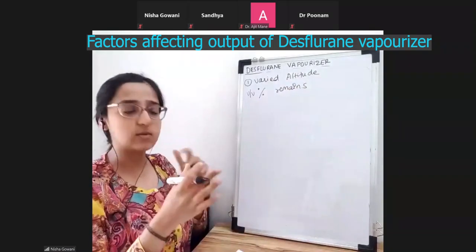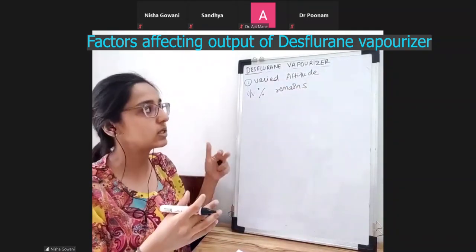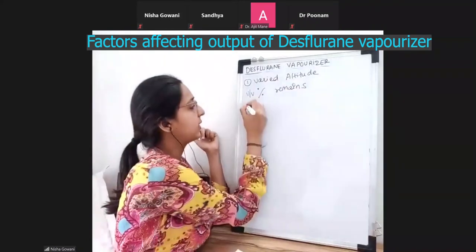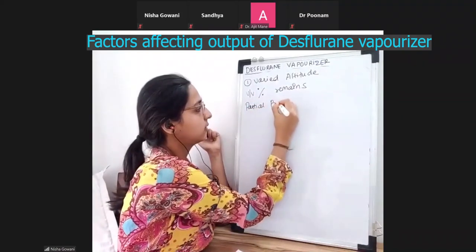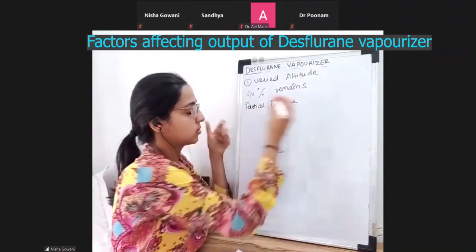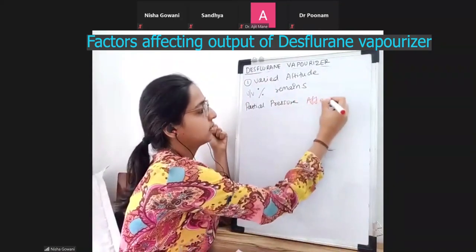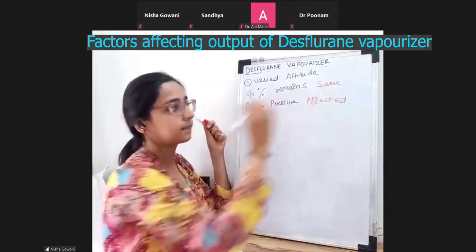What they realized when they did the calculation of how much is going out, looking at the partial pressure, is that the volume percent remains the same. But what is getting affected? The partial pressure is getting affected, and the volume percent remains the same.